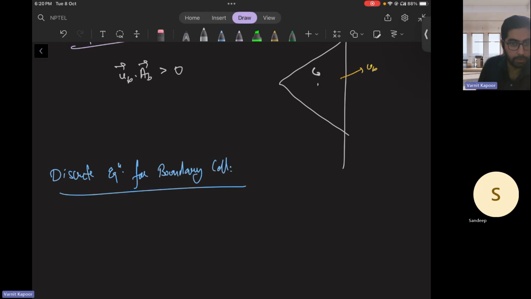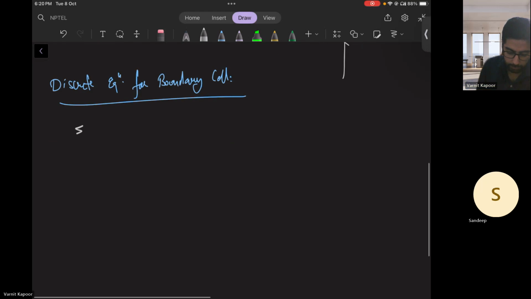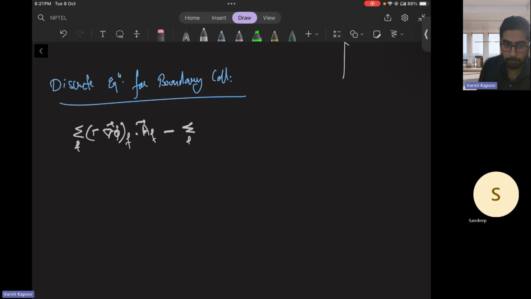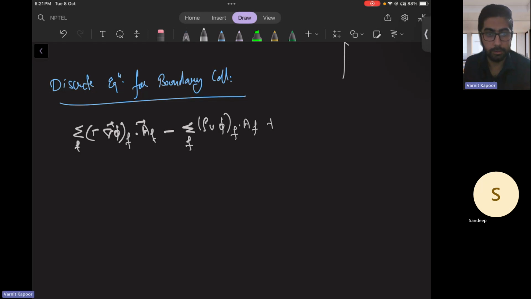Suppose your equation was like this: summation over all the faces of grad phi of all the faces dot A_F, minus the sum over F, where F are all interior faces, of rho U phi of F dot A_F, plus. So these are interior cells, where inflow and outflow happen, and there are boundary cells as well.